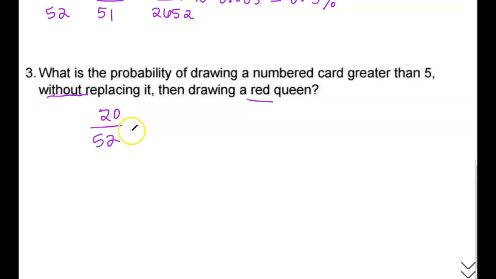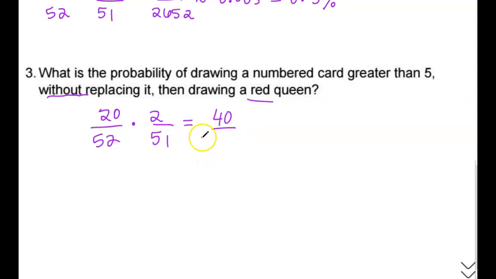And then did we put it back or did we keep it? Keep it. How do you know we kept it? Now we take it. Good. And then how many red queens is there? Half are red, half are black. So how many? Good, 2. 20 times 2, 40.